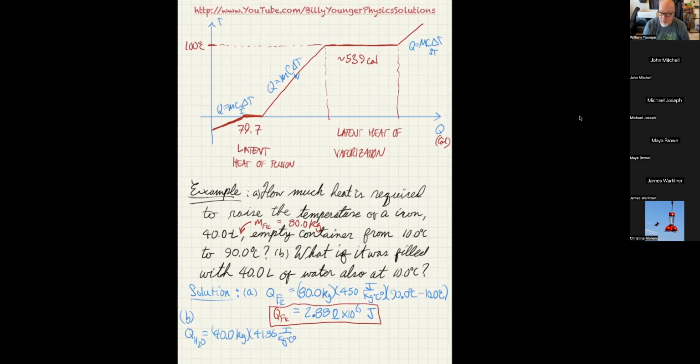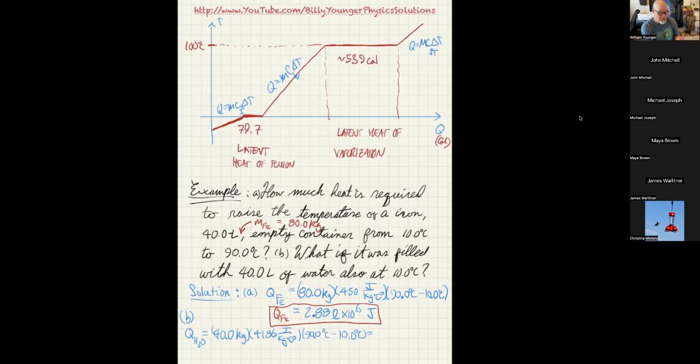Ice, by the way, is 2,100, whereas water is 4,186. I just wanted you to see that indeed the specific heats are different. And then finally, the temperature change is going to be 90.0 degrees Celsius minus 10.0 degrees Celsius.